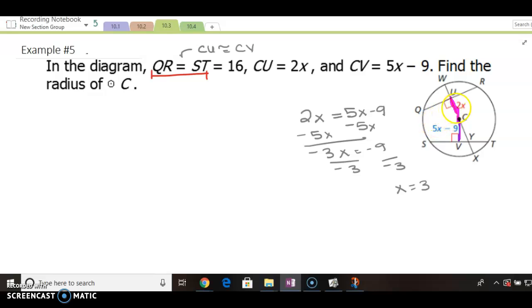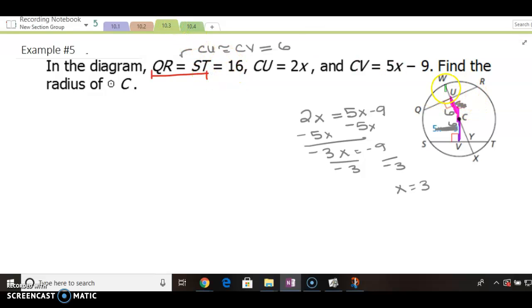Now if I plug it in, 2 times 3 is 6, and 5 times 3 is 15 minus 9, so this is also 6. So CU and CV are both equal to 6. Then if we go on, it says that QR and ST are 16.